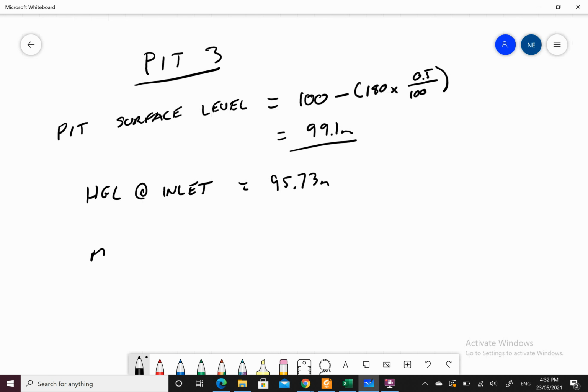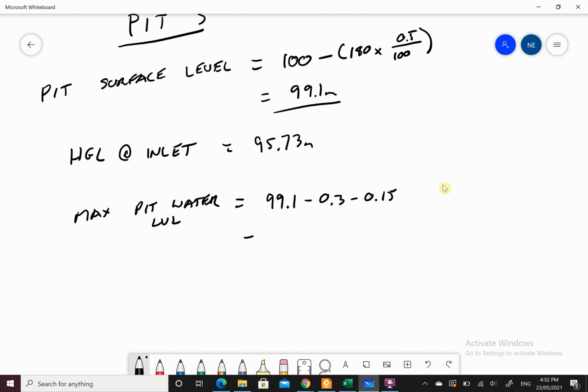My max pit water level is equal to the top of my pit, 99.1, subtract my freeboard level, subtract the 150 pipe, and that there is equal to 98.65. That's my max water level in the pit.